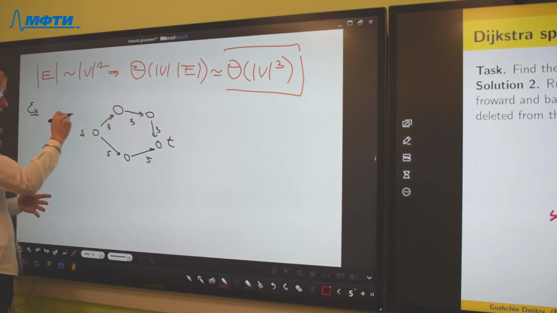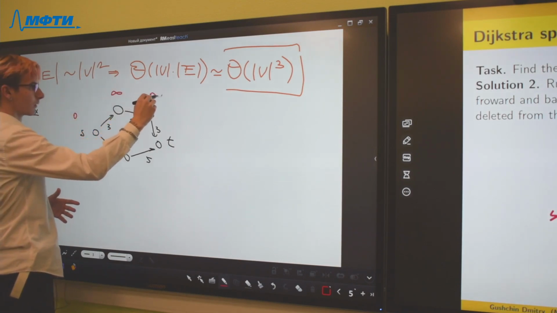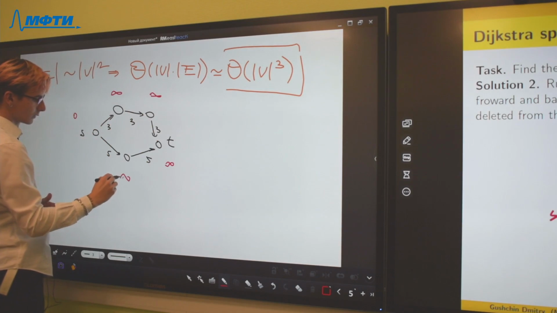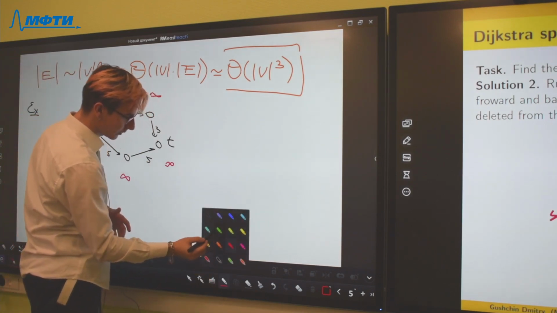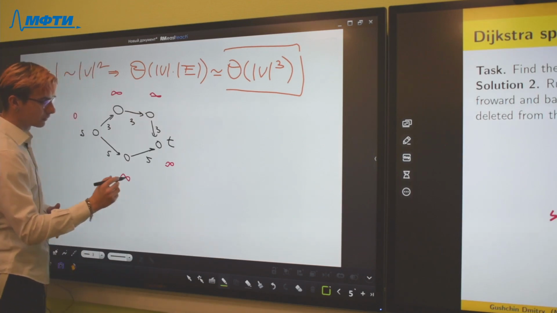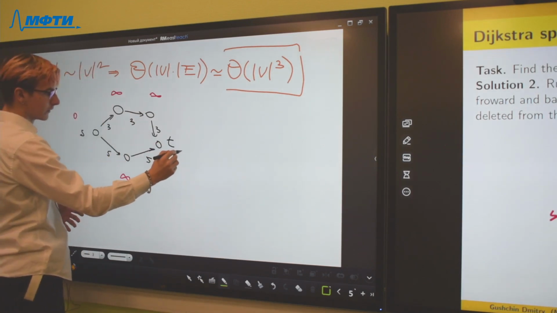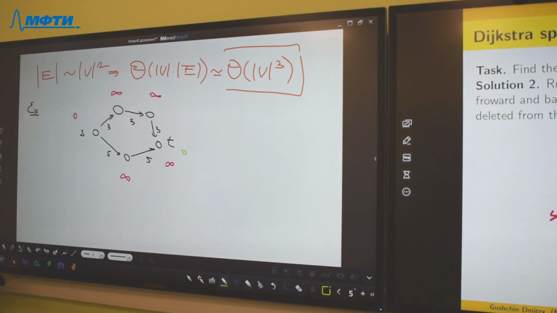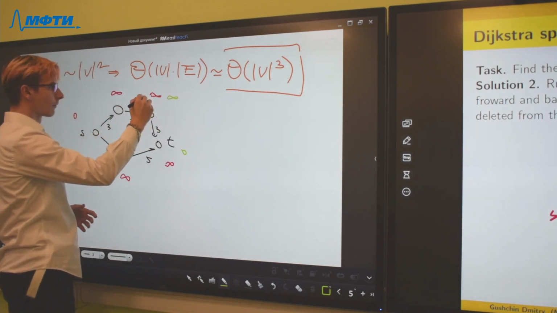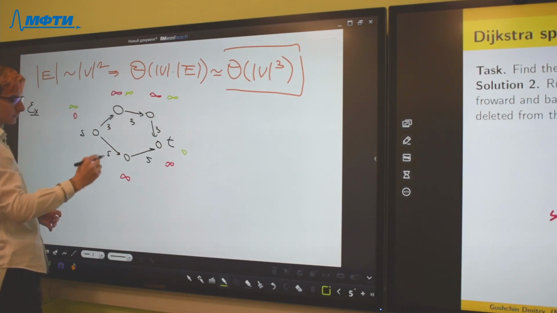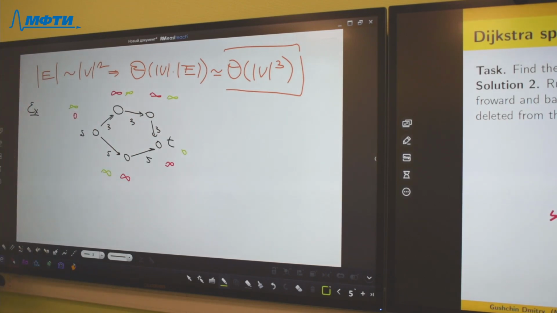And we can write these numbers. And then I write green numbers as the distance from T in the reverse graph. So, when we start from S, we relax all the edges incident to S, and we set this distance equal to 3 and this distance equal to 5.